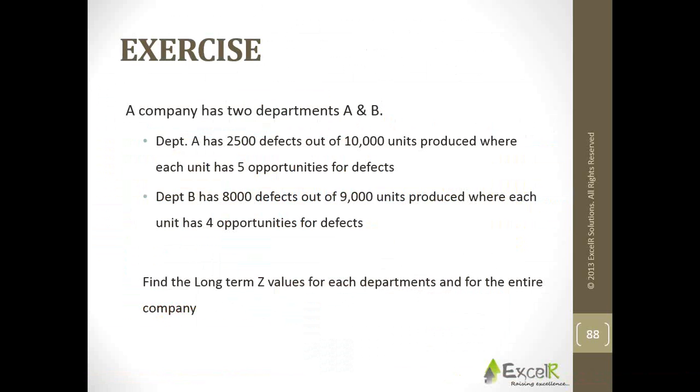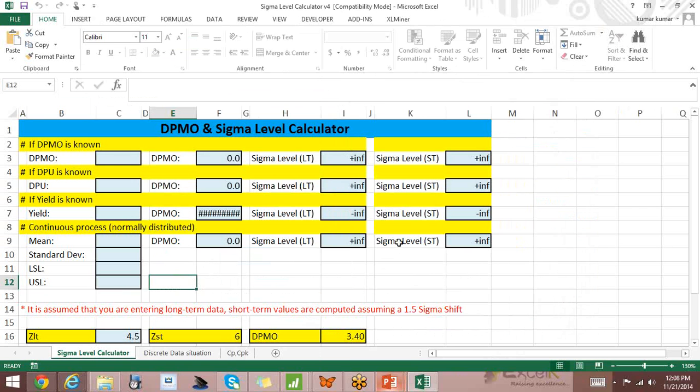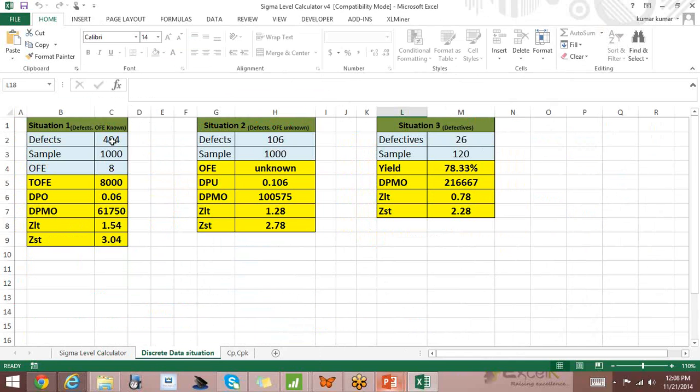Are you able to see my Excel sheet? Yes.